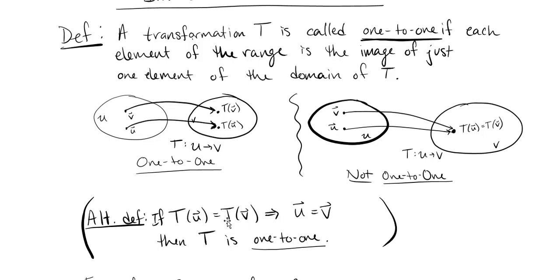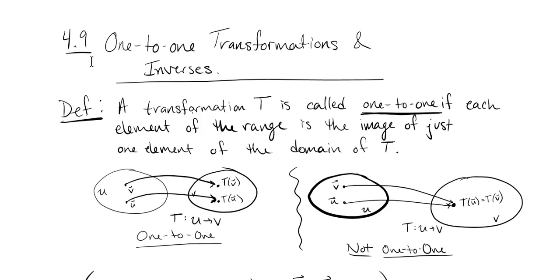This is saying that if I start out in the same place here, in order to be one-to-one, I must have really started in the same place. The u and the v must have been the same place that mapped to this one place. So that's an equivalent definition of one-to-oneness.